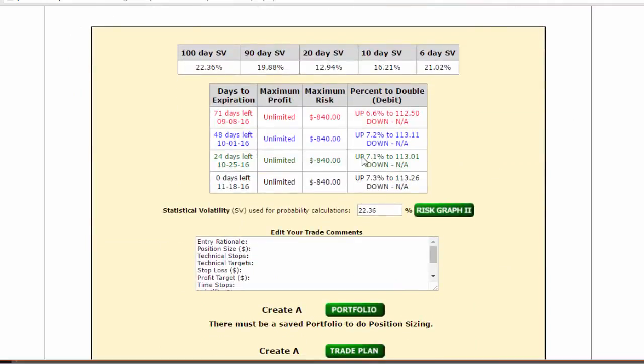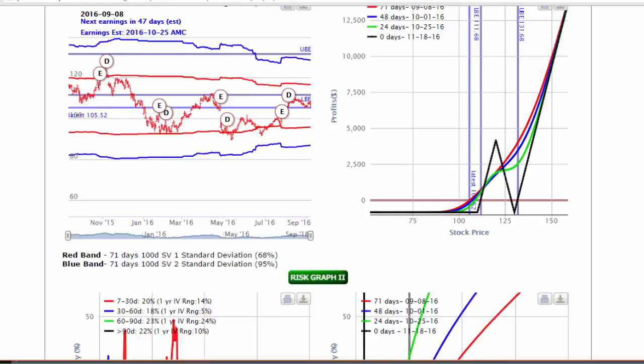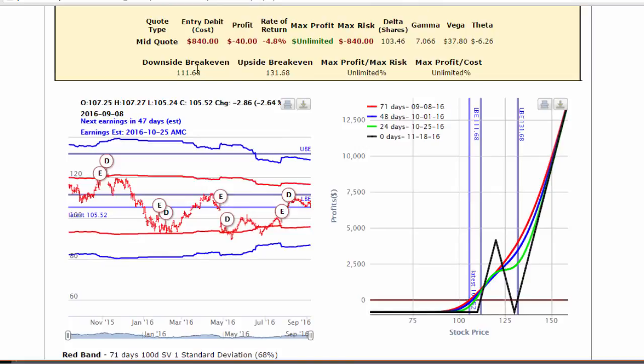So I'm only needing a 7% movement in the underlying stock for me to yield a 100% return on investment. We should also look at the break even point on this particular trade, which is only 111. So again, that's pretty good.